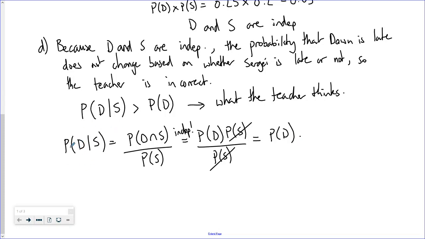So this means that the probability of Dawn being late when we know Sergey is going to be late is just exactly the same as the probability of Dawn being late. So we know that Sergey being late does not change the probability of Dawn being late. So we know that this assertion that the teacher is saying is wrong.